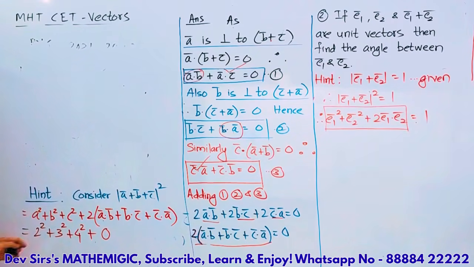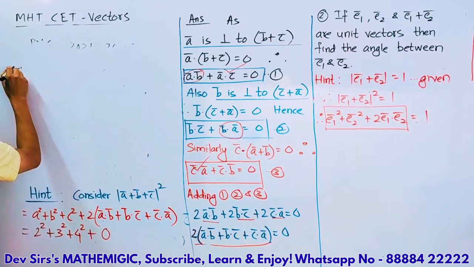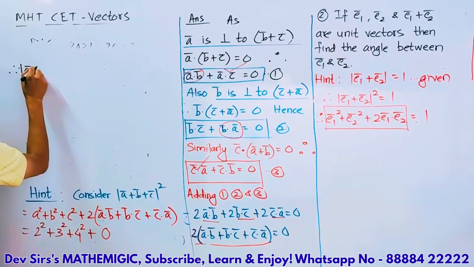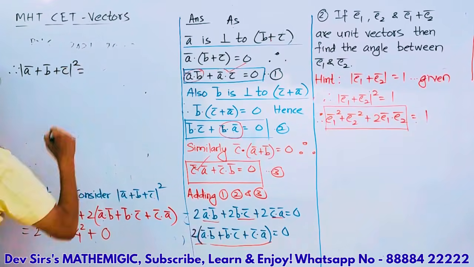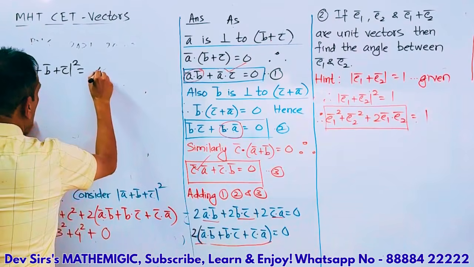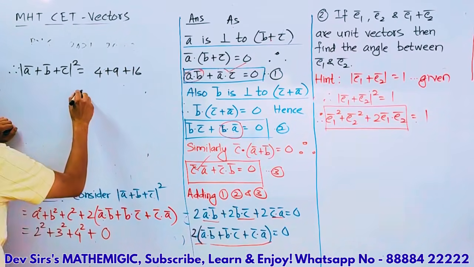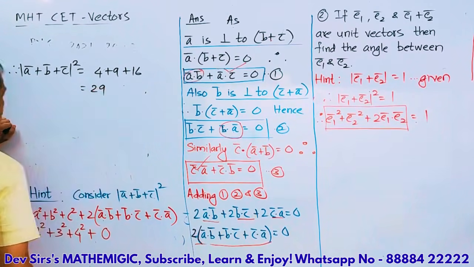What did we consider? This. 4 plus 9 plus 16. Nine plus 4 is 13, plus 16 is 29.